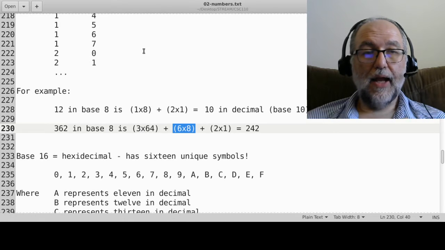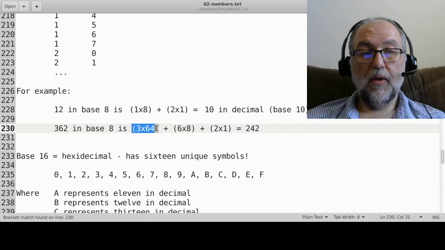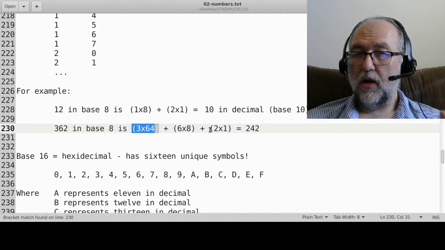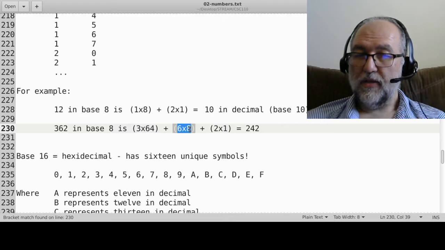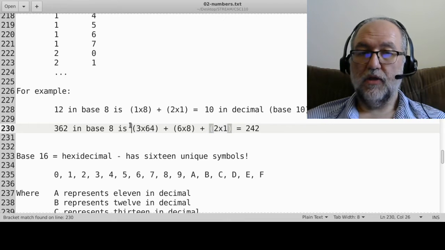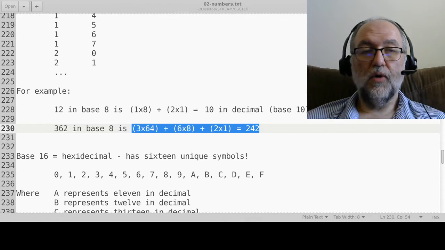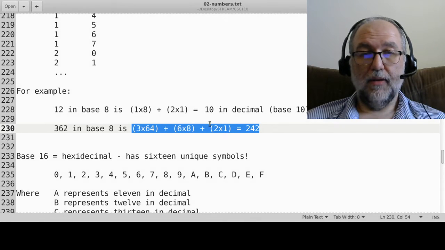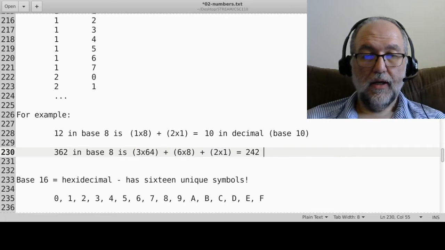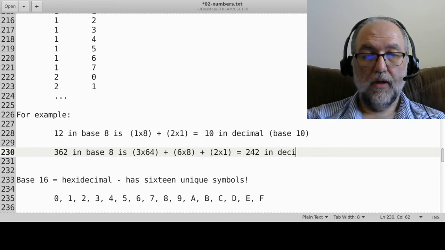Then we have this 2, which is in the ones column, so we have 2 groupings of 1. In other words, 3 times 64 plus 6 times 8 plus 2 is equal to 242 in decimal. Let me say that right here, that's in decimal.